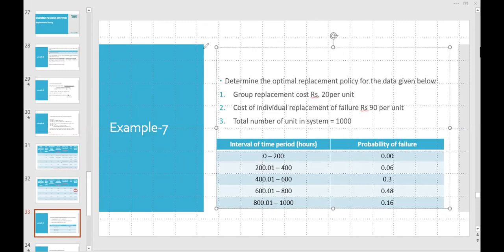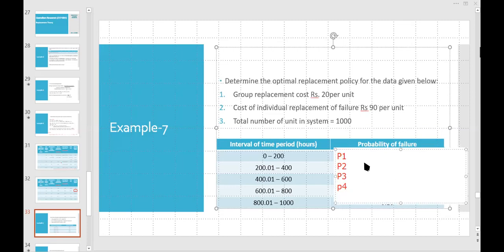So we do not need to differentiate here, because it is in terms of number. The first is P1, which is 0, second is P2 which is 6%, third is P3, next is P4, and the last is P5. So these are the probability values which we have been given.